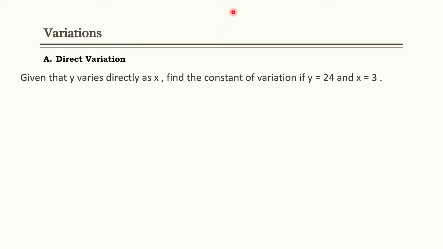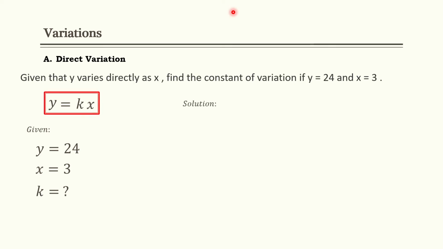So, it says y varies directly, we put a constant, as x. What are the givens? y is equal to 24 and x is equal to 3, and we are asked to find the value of k. So, for the solution, use this same equation, y is equal to kx, same as what we did earlier.